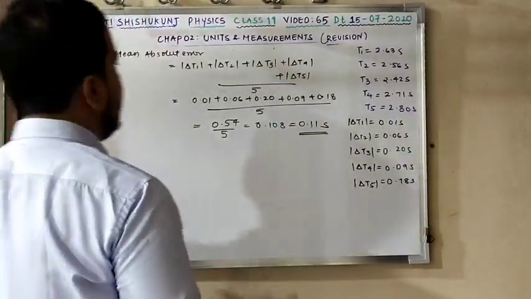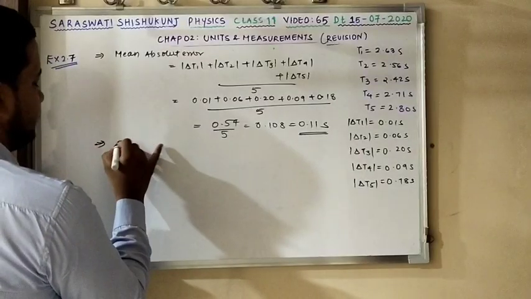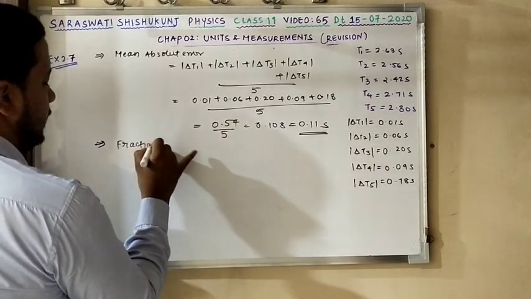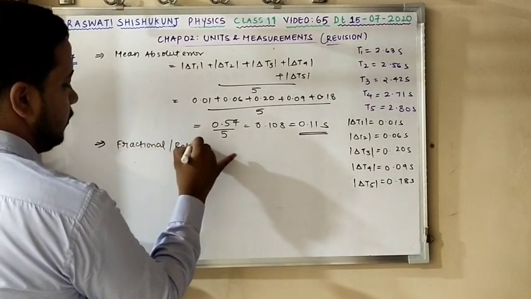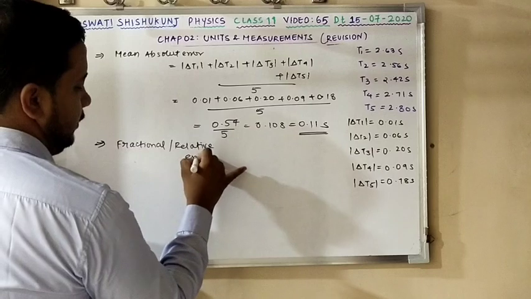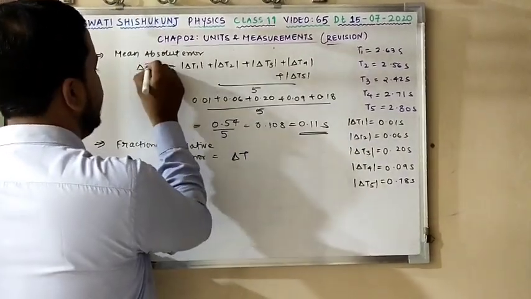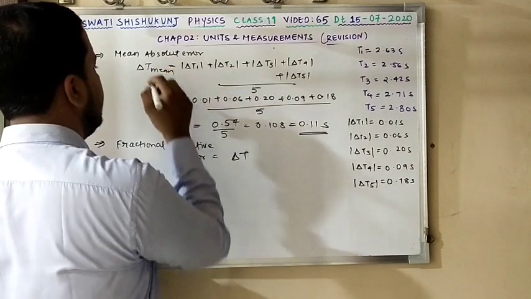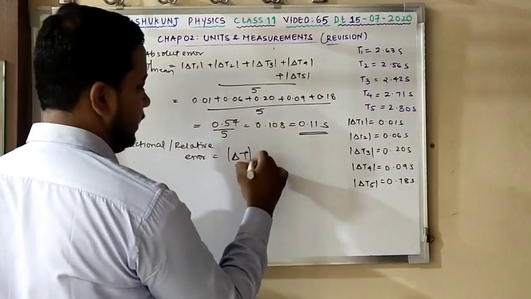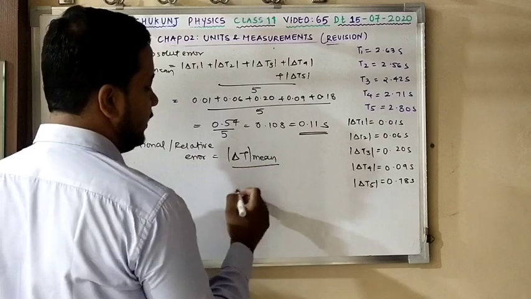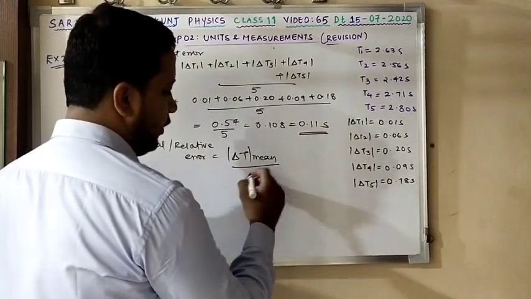Fine. Now the third point I need to calculate is the fractional error or relative error. Fractional error or relative error is nothing but what? Mean absolute error, delta t mean, divided by the true value.